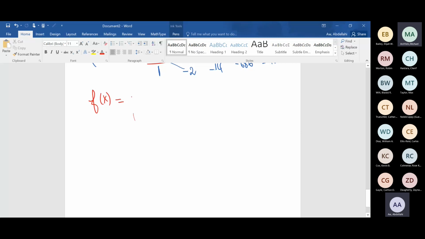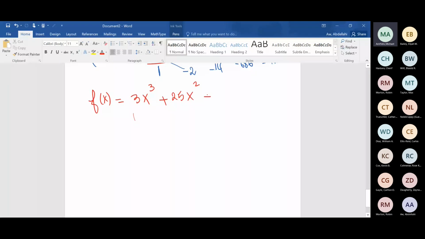Three x cubed plus 25x squared plus 42x minus 40. Find f of -5. Everybody go ahead. Using synthetic division again, right? Using synthetic division.